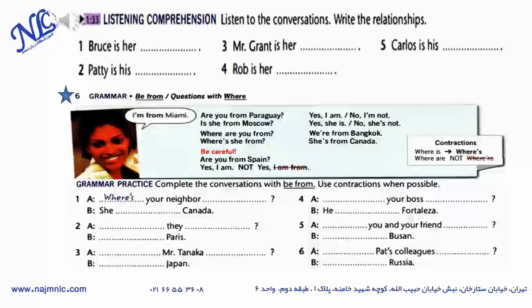Hello, Mr. Grant. Nice to meet you. Nice to meet you, Mario. Conversation 4. Is Rob your classmate? No, he isn't. He's my colleague. Conversation 5. Mary, this is my friend Carlos. Hi, Carlos. Nice to meet you. Nice to meet you, Mary.